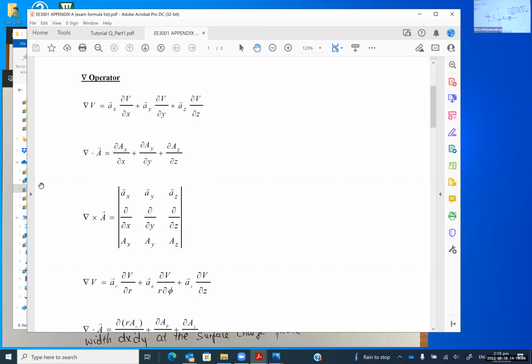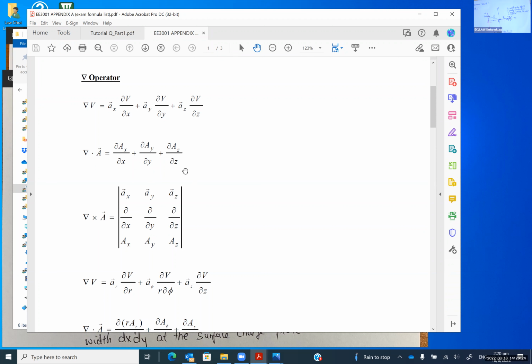Okay, the next one down here is called the curl of A. So again, it's vector cross. This del again is a vector. You see how you cross two vectors: you take all the coefficients of the first vector, del x, del y, del z, then the coefficients of the next vector, ax, ay, az, and of course on the top you have each of the unit vectors.